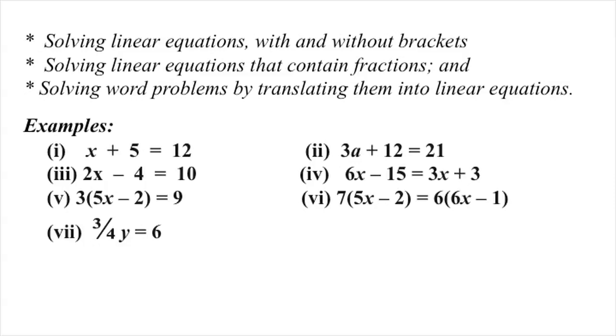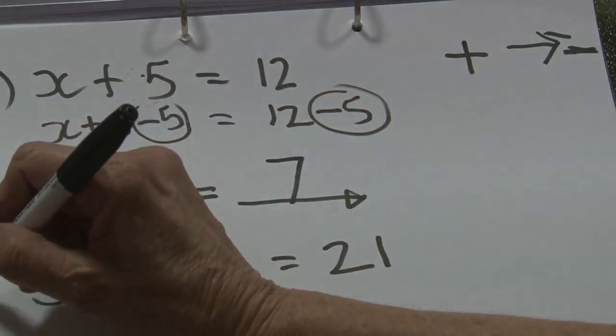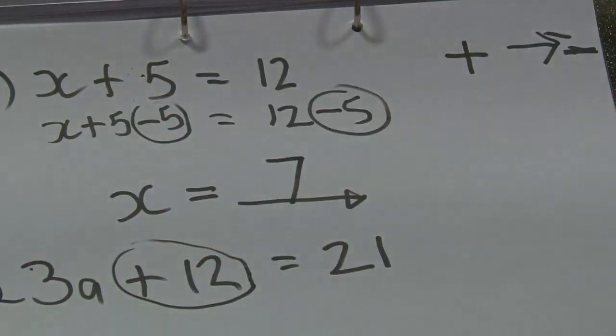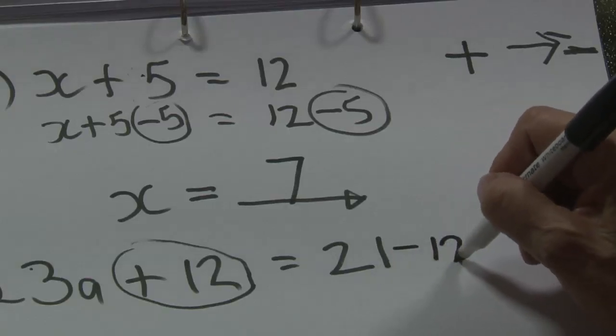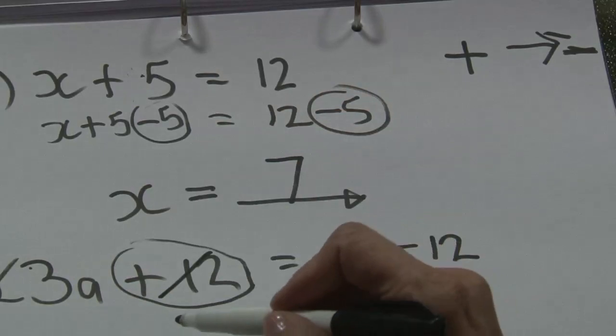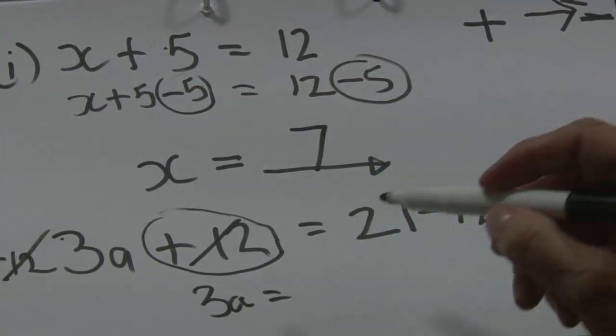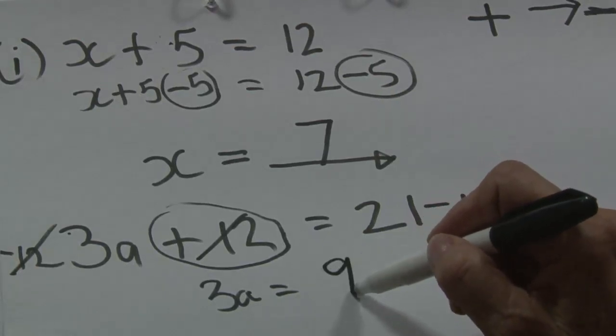But let's start from the beginning. I see I have a 12 there. I'm going to subtract the 12. What I do on this side, I do on this side. So what remains? That one is cancelled. So 3a is 21 minus 12. It gives me 9.